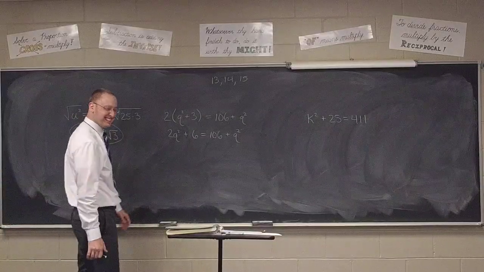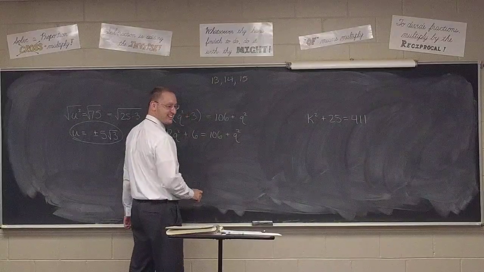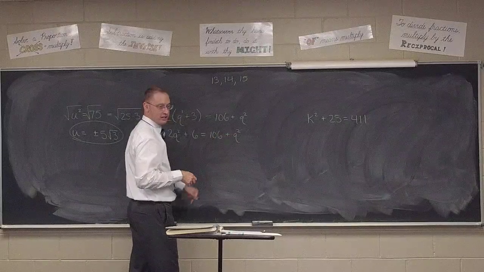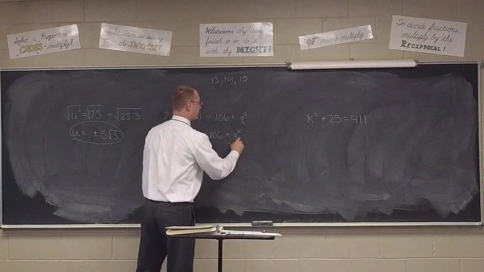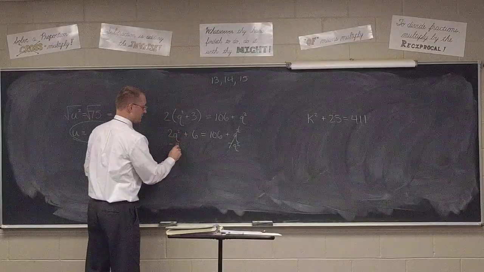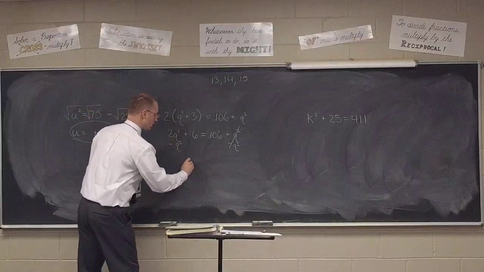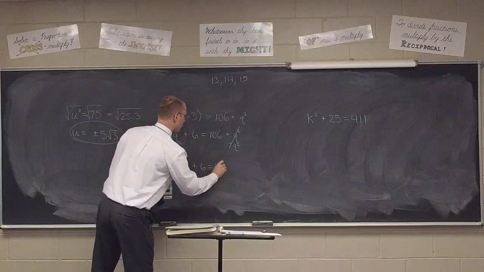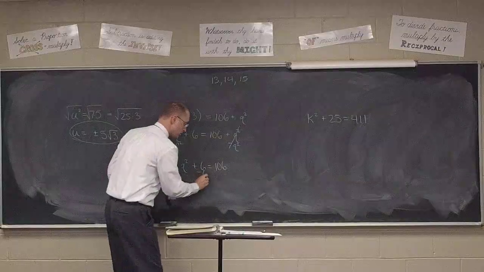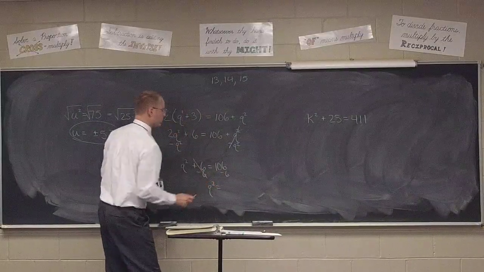The 1 q squared. How do I get rid of it? I don't just cross it out. I've got to do something to get rid of it. Subtract it away. Now I can cross it out. But what I did to one side, I do to the other side as well. So now my equation has q squared plus 6 equals 106. Now I need to subtract the 6 from both sides, because what I do to one side, I have to do to the other, to get q squared is equal to 100.